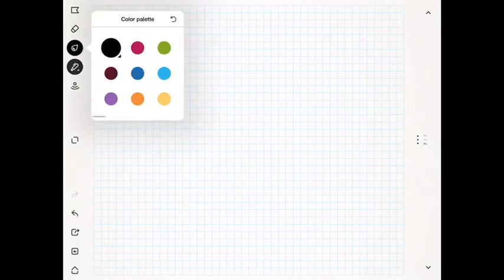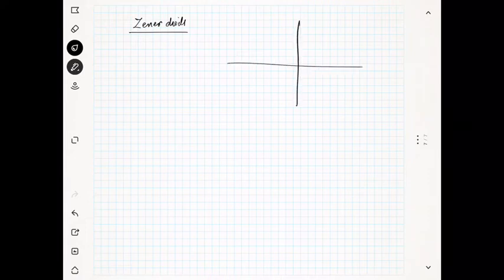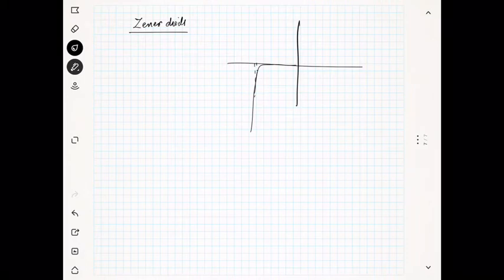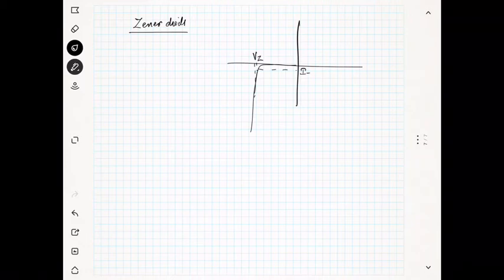So let us conclude. The Zener diode has the operating region as shown here. It will work like this, almost this is Vz, the minimum current is Izk and the maximum current is Izm.